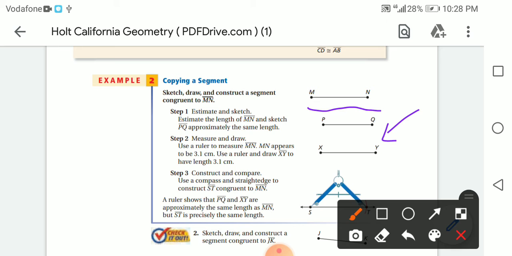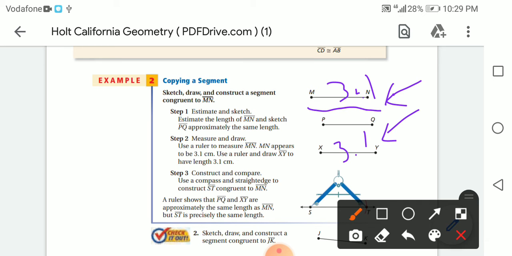Step 2, measure and draw with a ruler. Use the ruler to measure MN, and MN appears to be 3.1. Then use a ruler to draw XY to have the length 3.1.